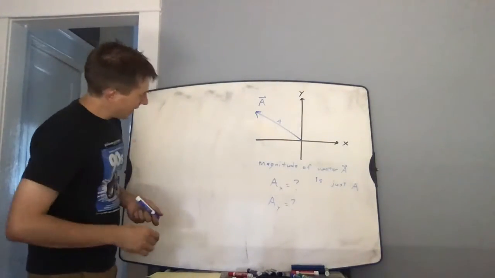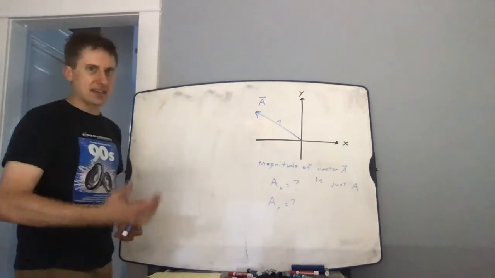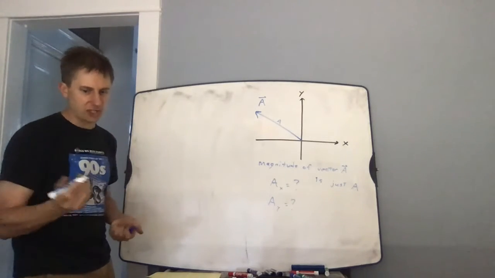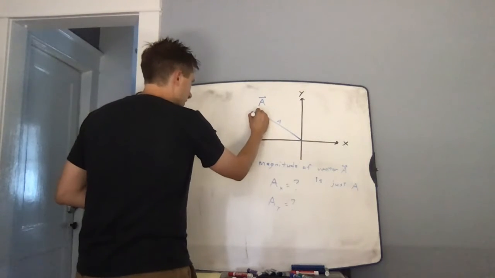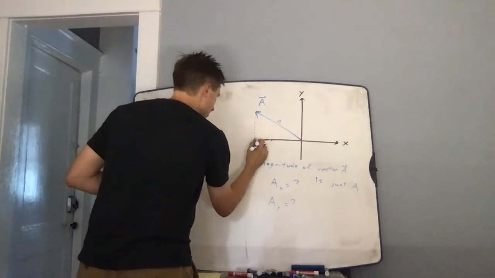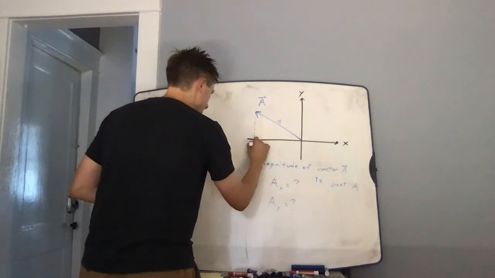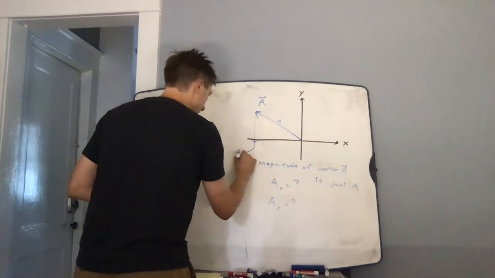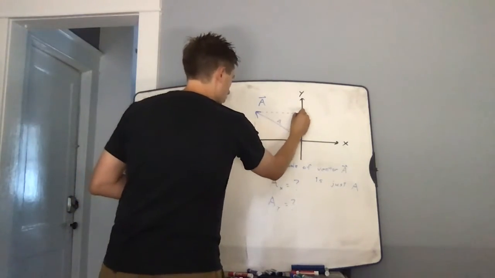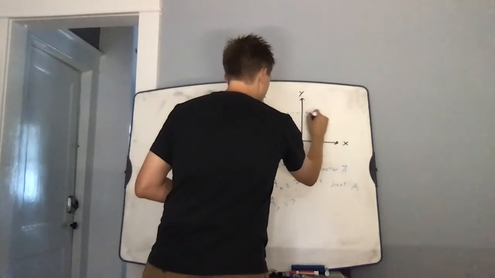Now, if I look at this vector, we said we could think of the components of a vector as the projection of that vector onto the x and the y axes respectively. So if I draw that out, vector A would project down onto the x-axis. And so the projection of vector A would be right here, which is my AX. And the projection of vector A to the right onto the y-axis would be my AY.